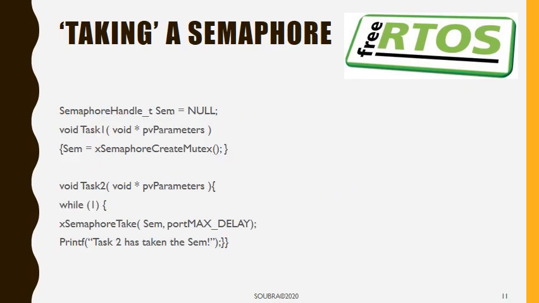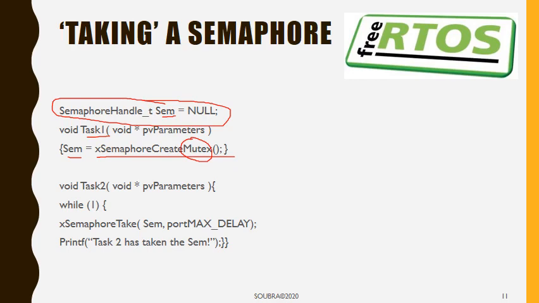All right. So let's see an example here. What am I doing? I'm declaring a semaphore here. And then I have task number 1, inside of which I'm creating a semaphore, and the semaphore that I'm creating is of mutex type.